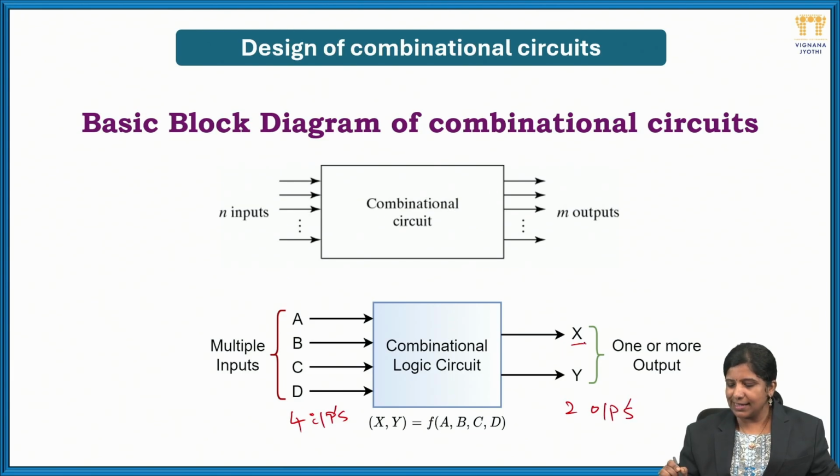So the outputs x and y are functions of the inputs A, B, C, D. A combinational circuit can have a single output or 2 or multiple outputs, and the inputs in the same way may be a single input, 2 inputs or multiple inputs. Depending upon what type of logical function you are implementing, if the input changes, immediately the corresponding output changes here.